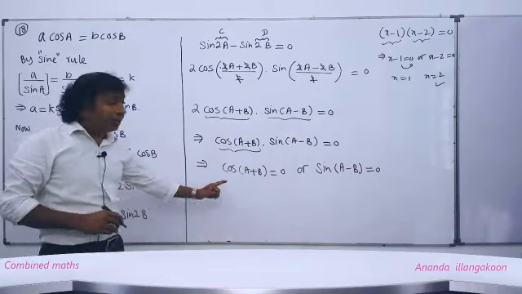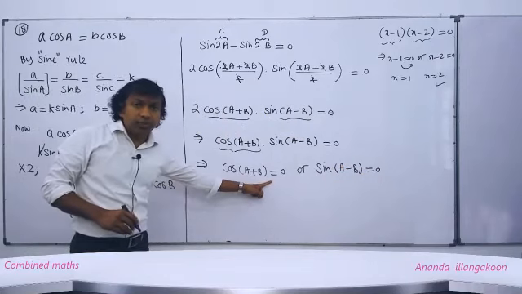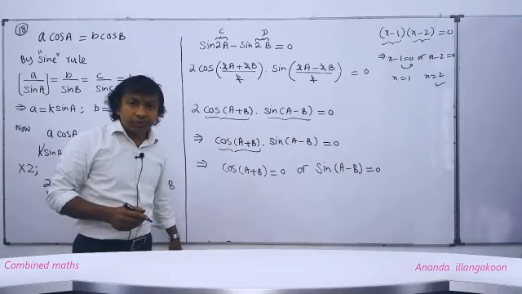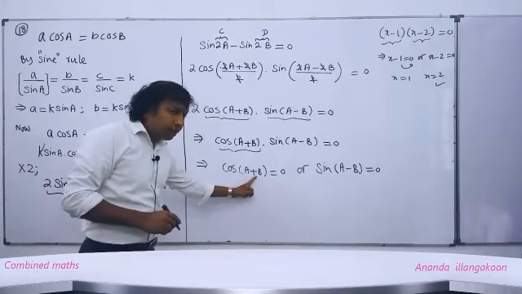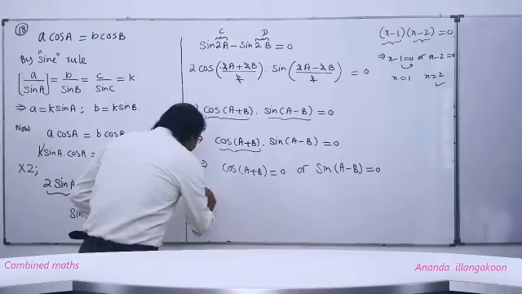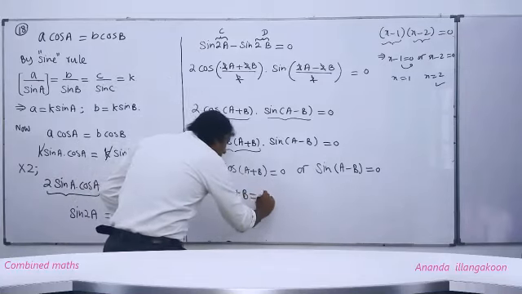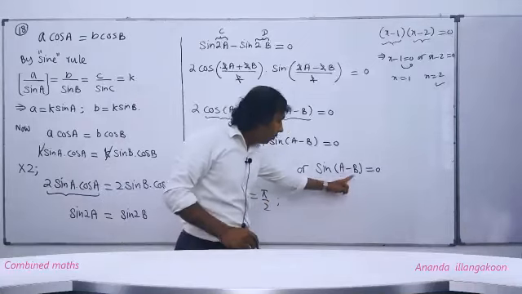A plus B is an angle. Cos of the angle is 0. At what angle does cosine become 0 first? When the angle is 90, no? Then A plus B should be 90 for cos(A plus B) to be 0. So A plus B is equal to 90, pi by 2. Now sin(A minus B) is 0.